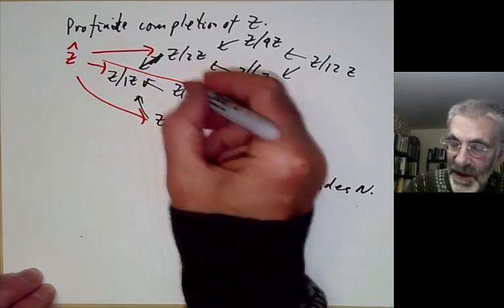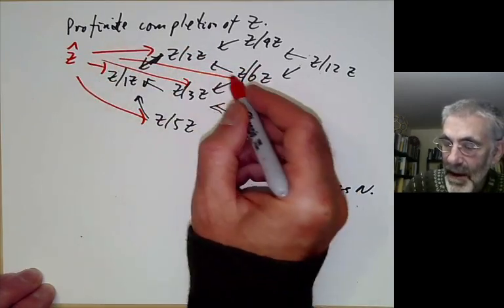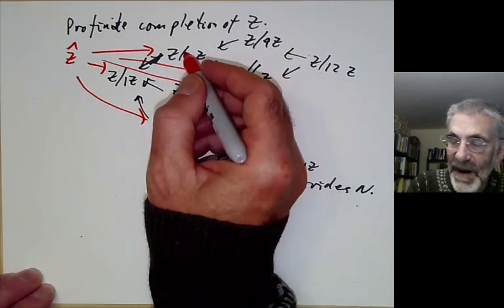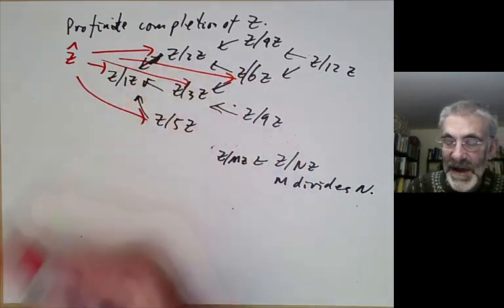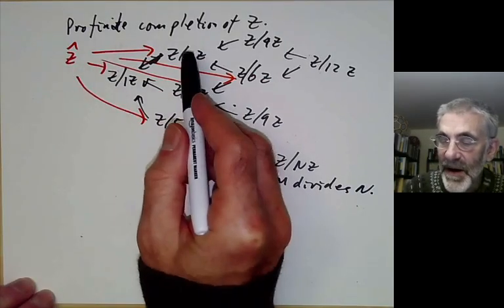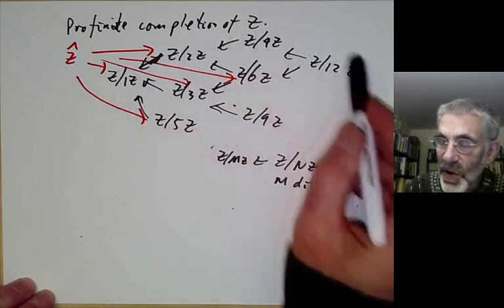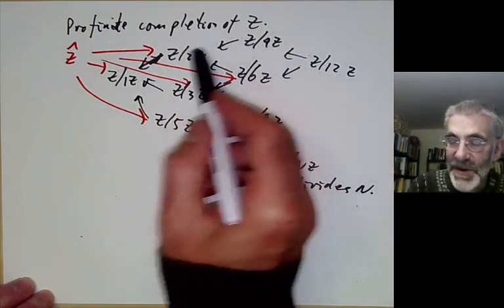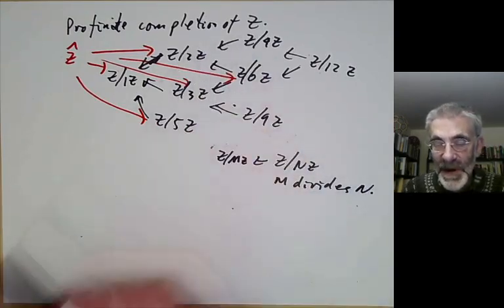So the map to Z modulo 6Z followed by the map to Z modulo 2Z is the map from Z hat to Z modulo 2Z. And you can see that Z hat is given by just taking the product of all these groups and then taking the submodule of all elements whose components are compatible with these maps here.